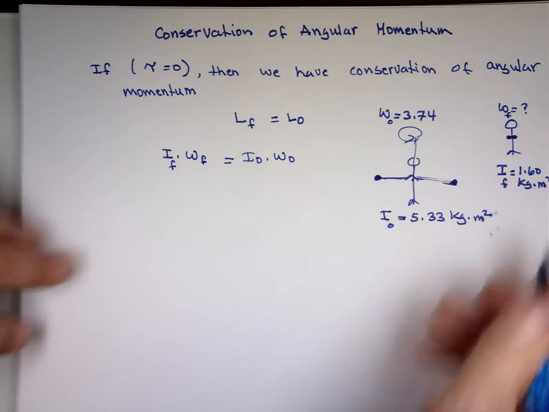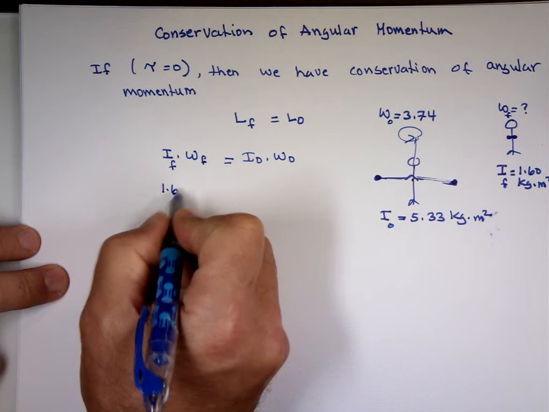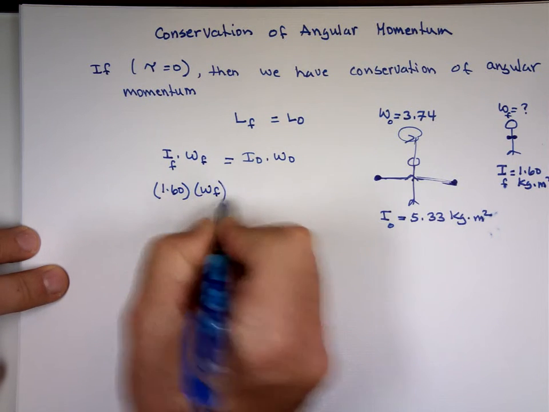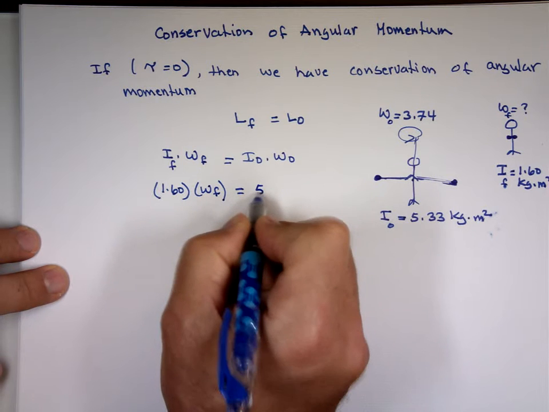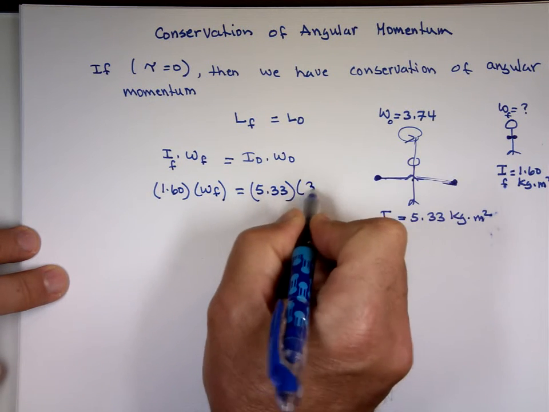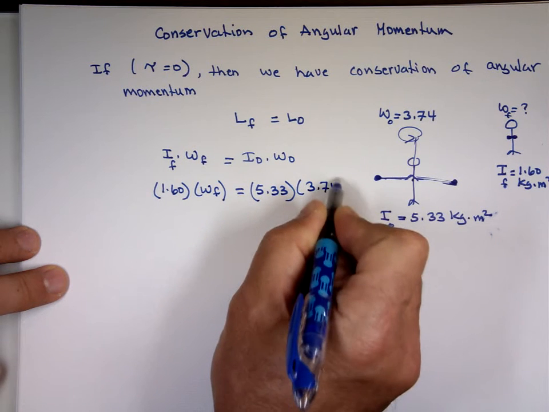So the final inertia is 1.60 times W final. The initial inertia is 5.33 times W initial, which is 3.74.